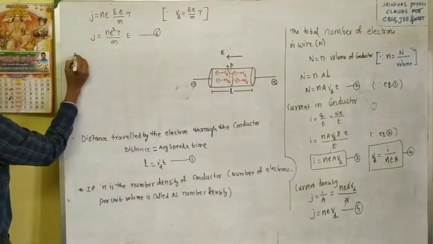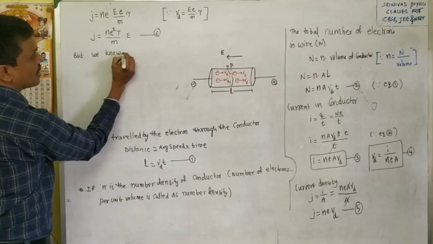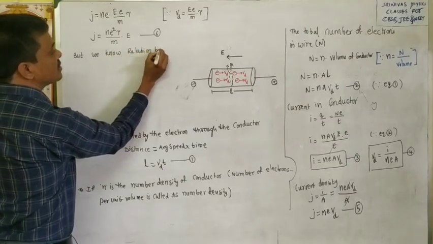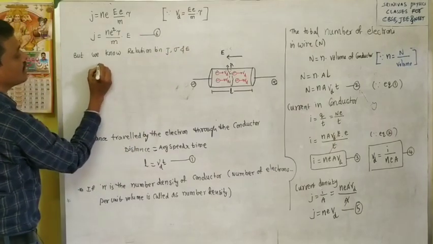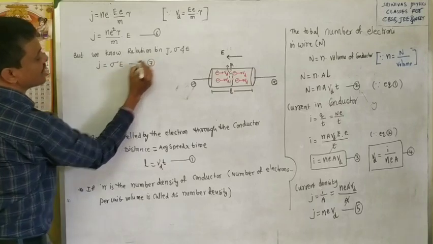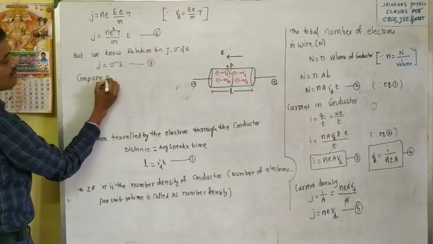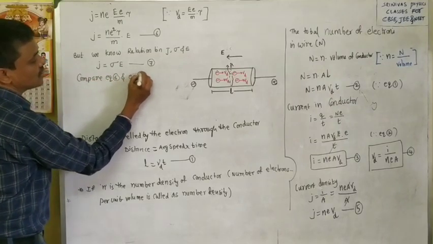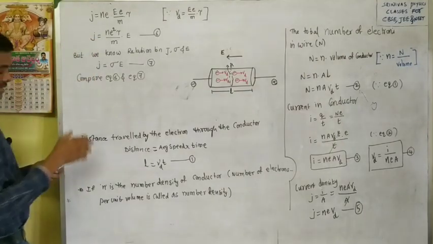But we know the relation between J, sigma and E. Can you tell? J is equal to sigma E. This is equation 7. Compare equation 6 and equation 7, right? When you compare, what you will get? Left sides are equal, then the right sides are also equal.